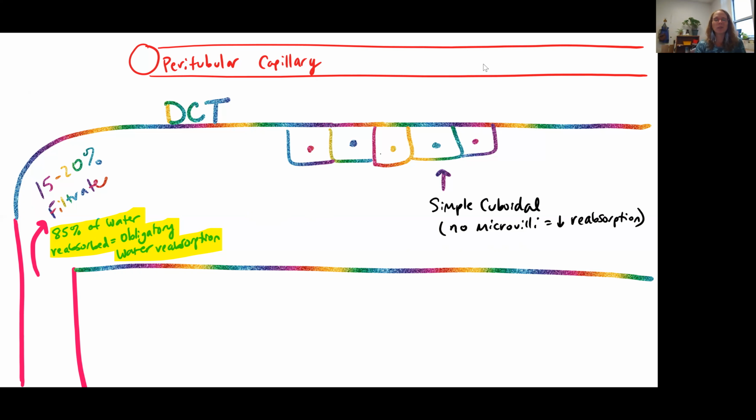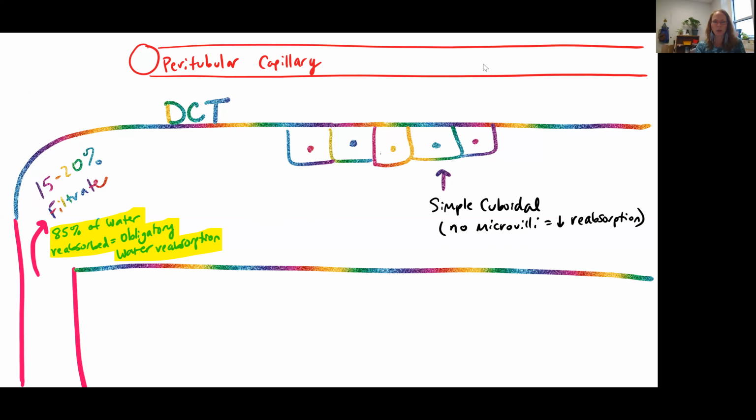Also, we will see only about 15 to 20% of that original filtrate making its way to the DCT. So most of the water, nutrients, ions, and so forth have already been reabsorbed. In fact, 85% of water reabsorption happened in the PCT and the descending limb of the loop of Henle, or the nephron loop.